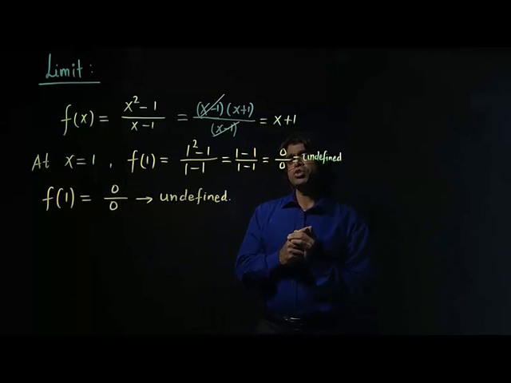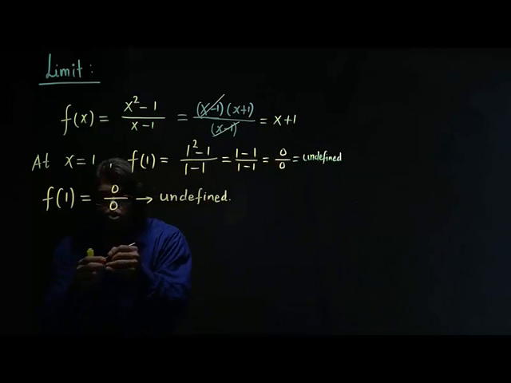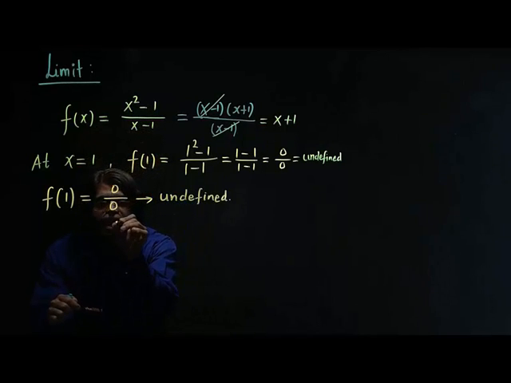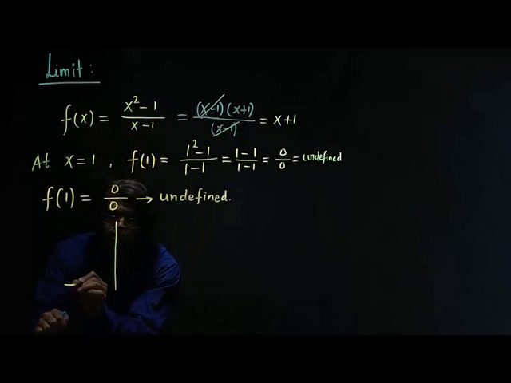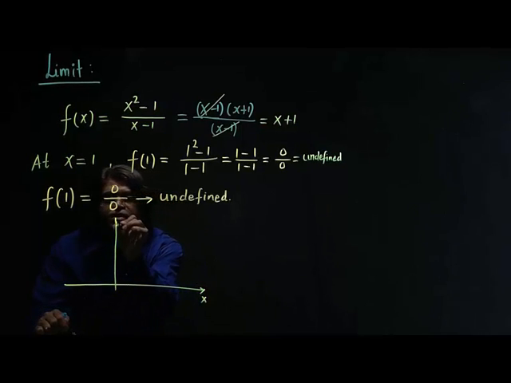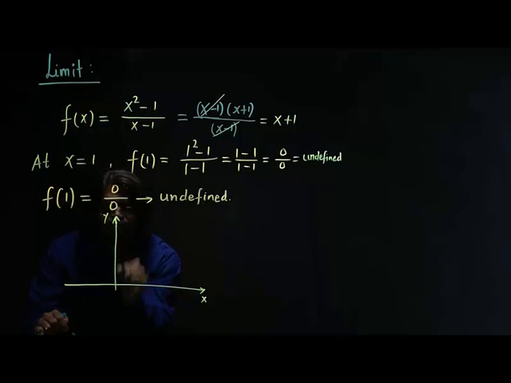Now I'm going to use a different approach. I'm going to draw the graph of this function. The graph of this function is like this. This is my x-axis and this is my y-axis.